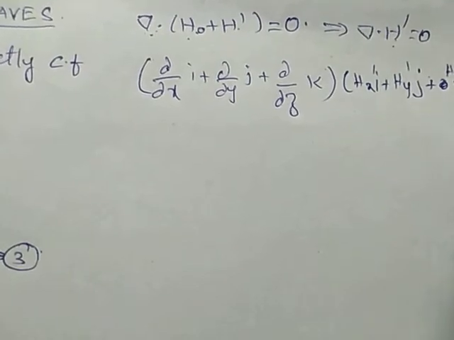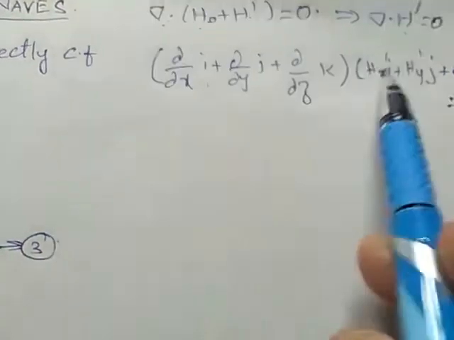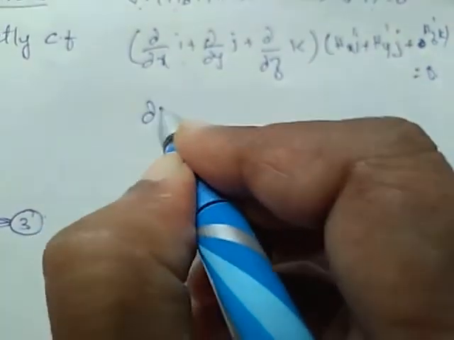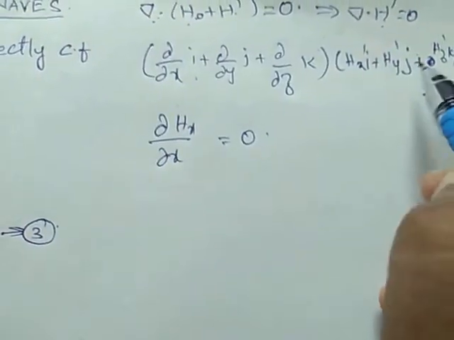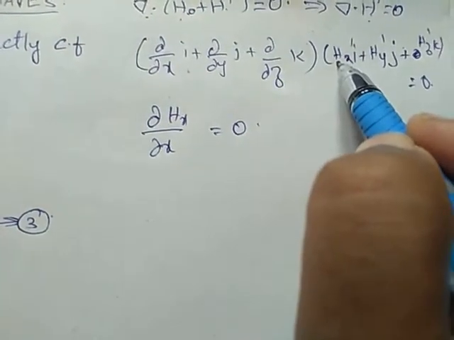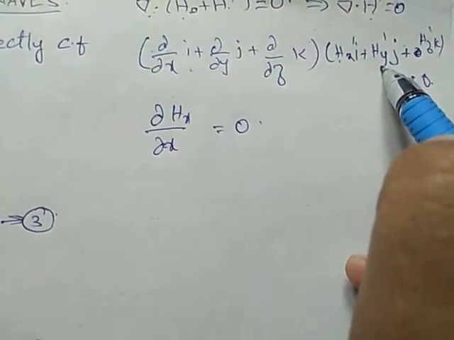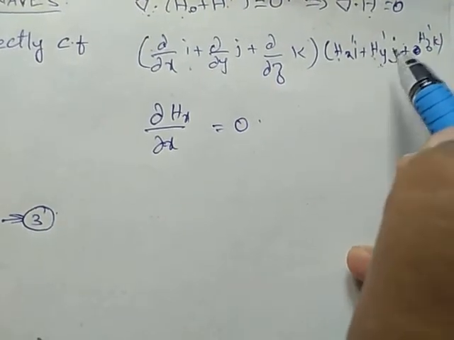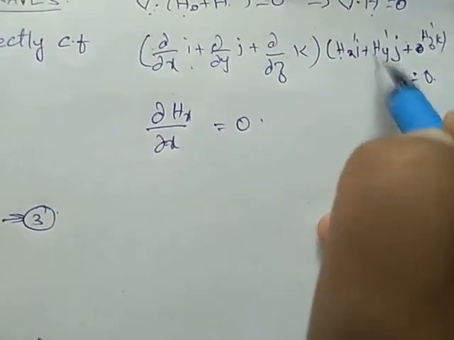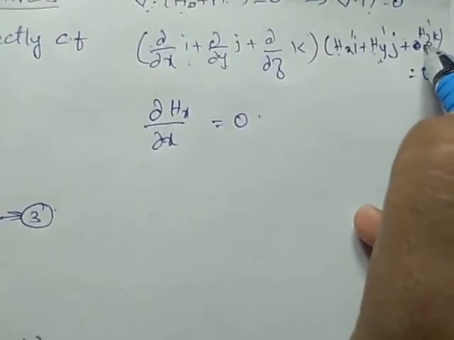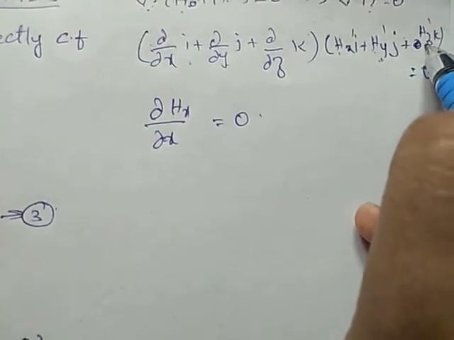When we differentiate this, we get dou hx by dou x is equal to 0, because hx is a function of x, so we can differentiate it. hy is along the y direction, but it is a function of x and t, so differentiation of hy with respect to y is 0. hz is also a function of x and t, and here we do not have a z term.